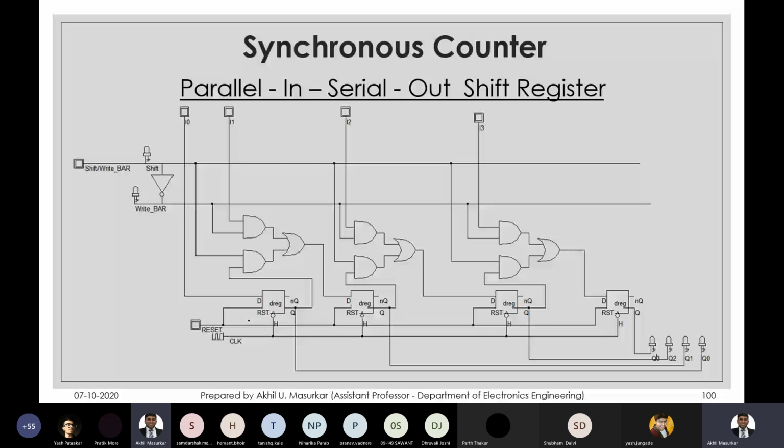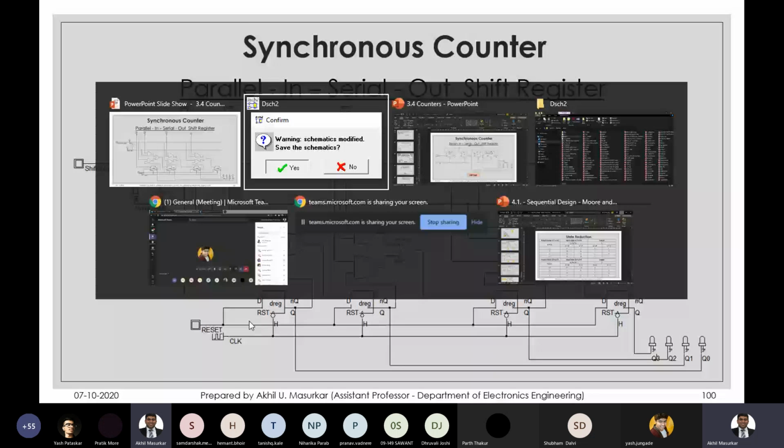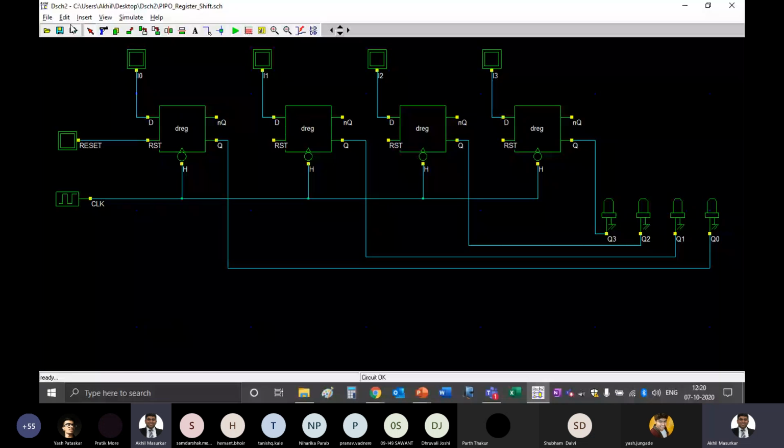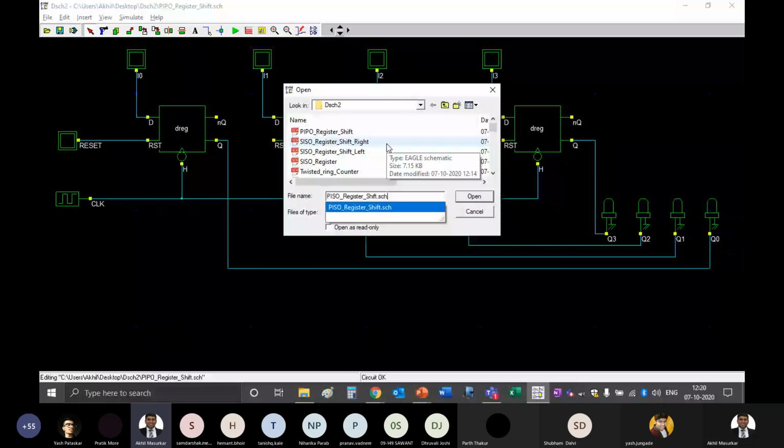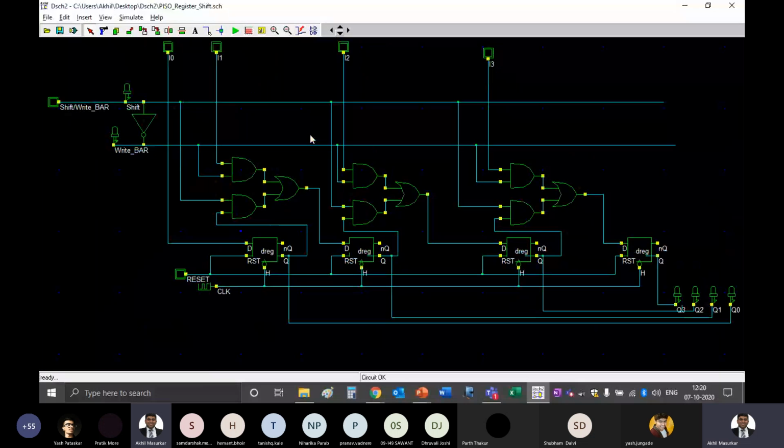So before you start drawing, let me just again explain the circuit. So this is the parallel in, serial out circuit.